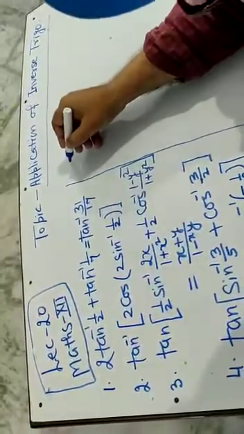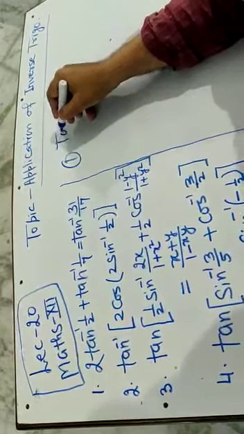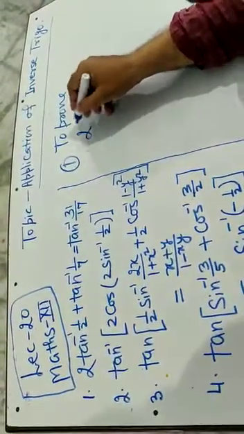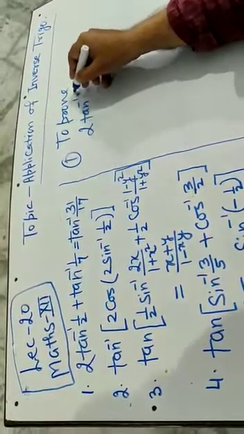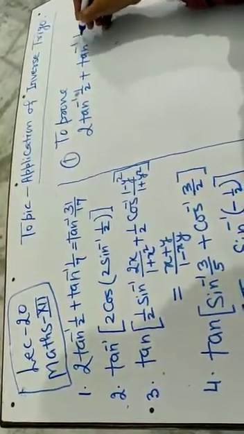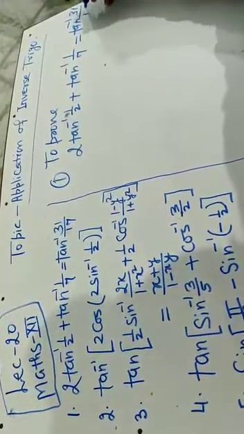In the first question, you have to prove 2 tan inverse 1 by 2 plus tan inverse 1 by 7 equals tan inverse 31 by 17.